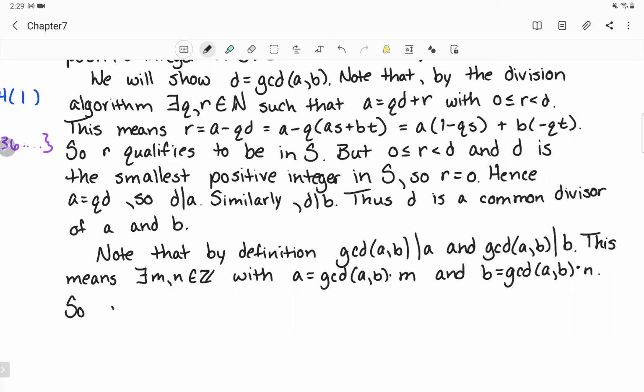So let's go back to our equation. D equals AS plus BT. This means D equals the GCD of A,B times MS plus the GCD of A,B times NT.